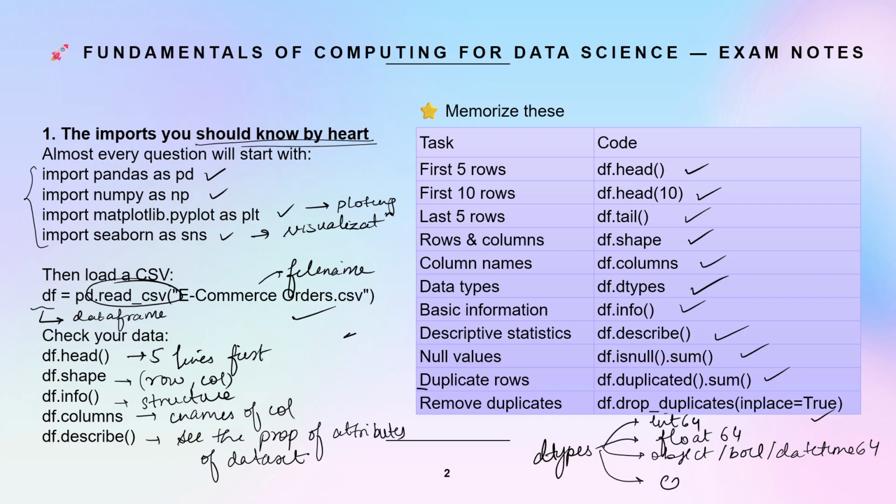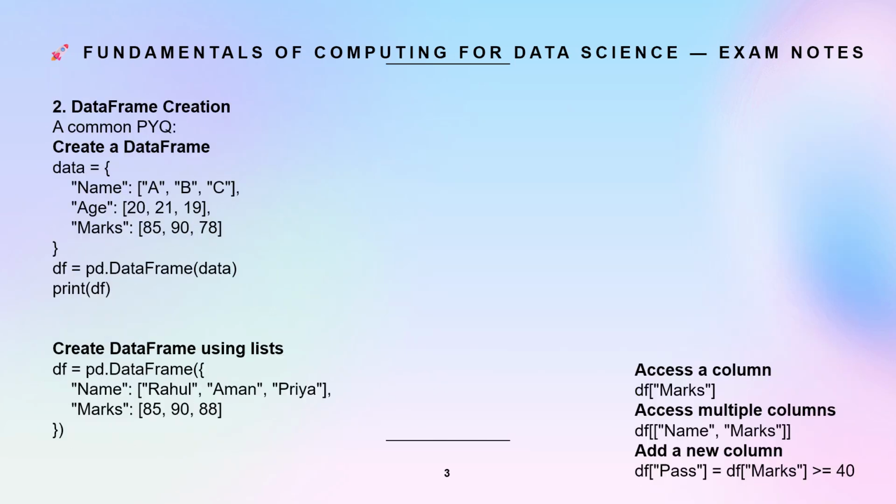Then it could also be a category. And the last one is timedelta64, the difference between two dates. I hope this part is clear. I don't think any explanation is needed here.